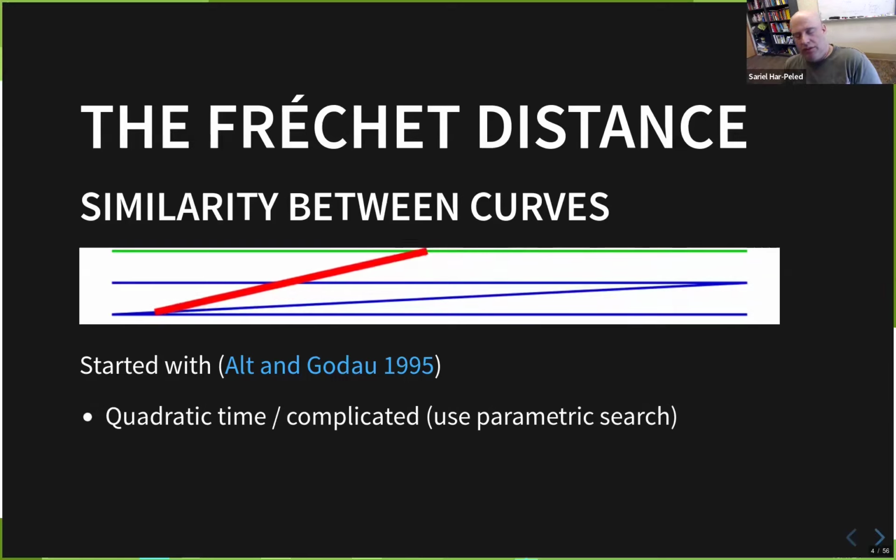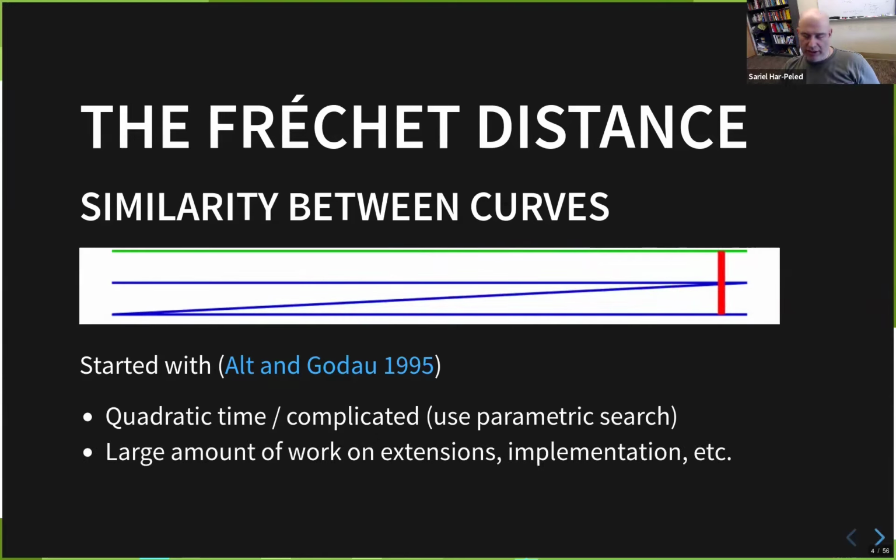And so this was studied originally by Alt and Godau in the context of curve similarity. All the curves I'm going to talk about are, by the way, polygonal curves. And they presented essentially a quadratic-time algorithm. It was very complicated, using parametric search, etc. Those things were simplified since, but I think it's fair to say that there is currently no simple algorithm for computing the Fréchet distance, and quadratic time is believed to be the best one can do in the worst case.